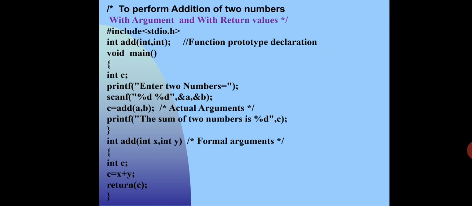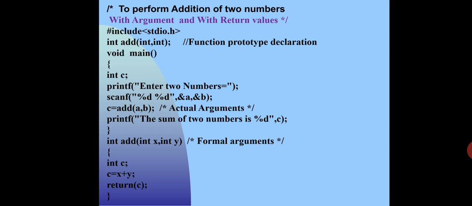The other one is with argument and with return values. That is, we can see here int add of int. How is it defined? It is declared as int add of int. So in the main function, we can see that a variable is declared as c.